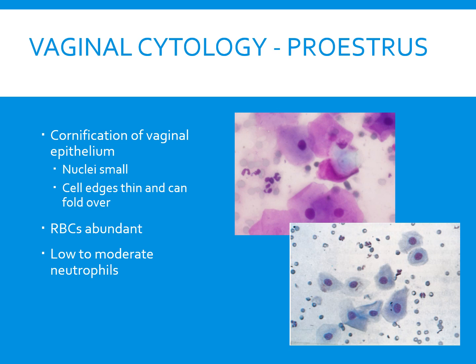These are going to look similar to what they do when you saw them in the urinalysis module, except these are stained, and they're going to have small nuclei. The cell edges are going to be thin and can fold over. There's going to be a lot of red blood cells in the sample, and there may be low to moderate neutrophils in the sample.